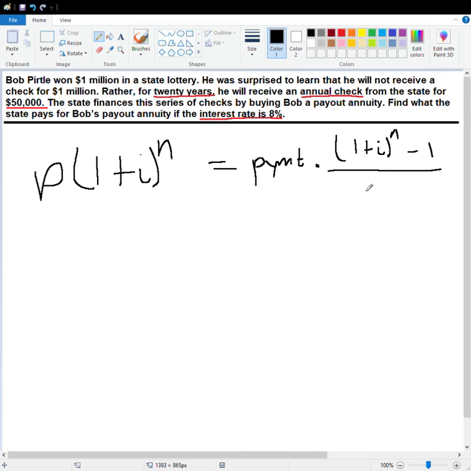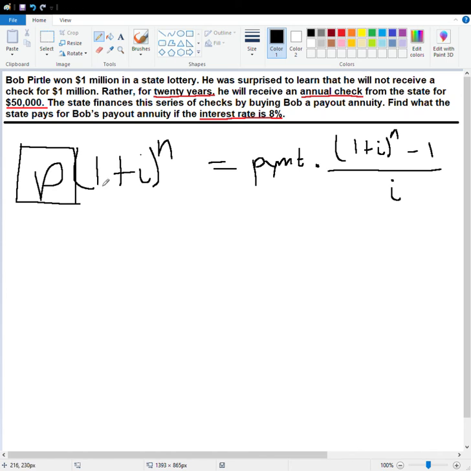Pretty straightforward. Now we need to just label our variables and then substitute, and what we're trying to find is P.